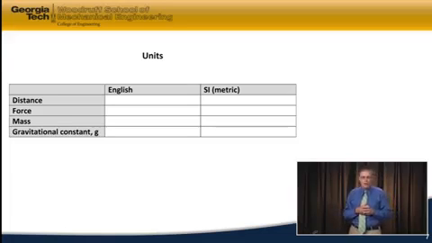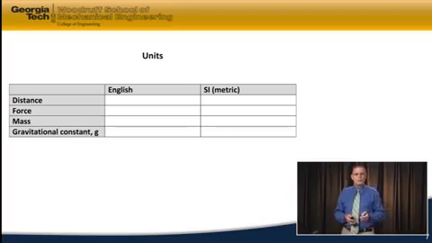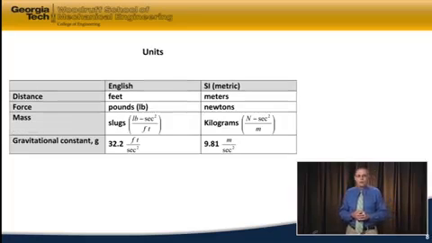So I'd like you to pause again and take your time and write down what are the typical units of measurements that are used in these systems for measuring distance, measuring force, measuring mass. And then I'd also like you to write down the gravitational constant for each of these systems of units.